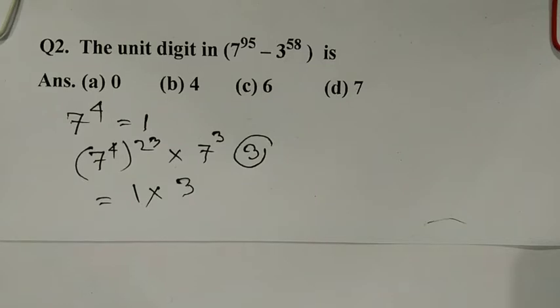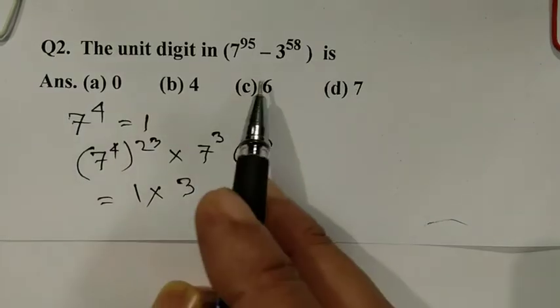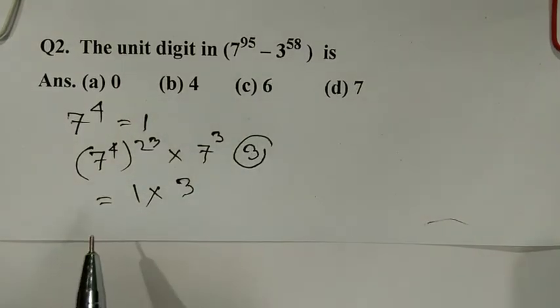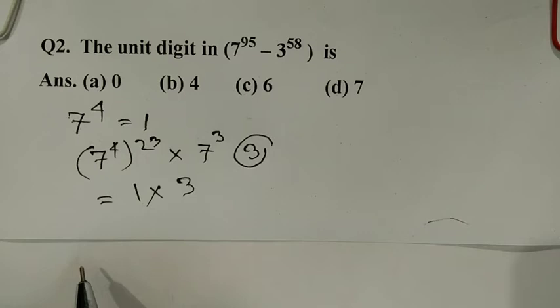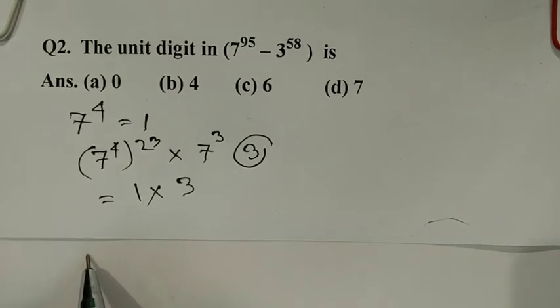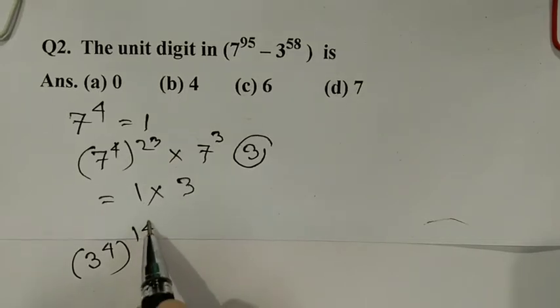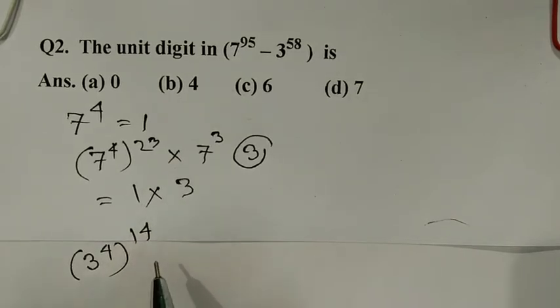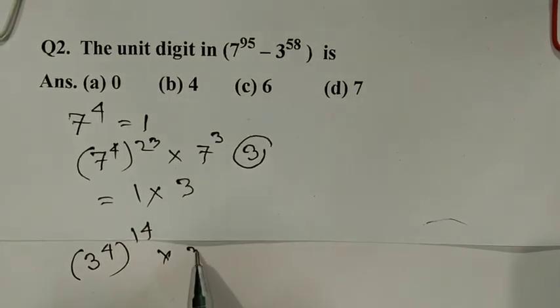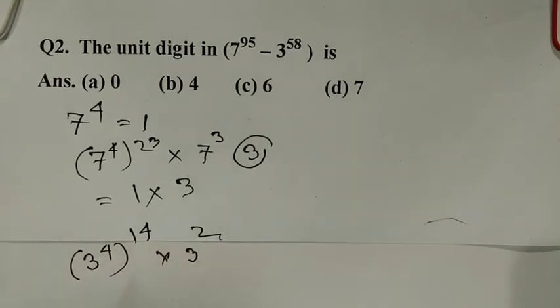Now 3 to the power 58. We can write 3 power 4 whole power 14 into 3 square. Then 1 into 9.